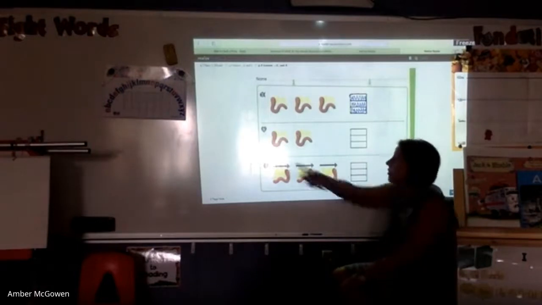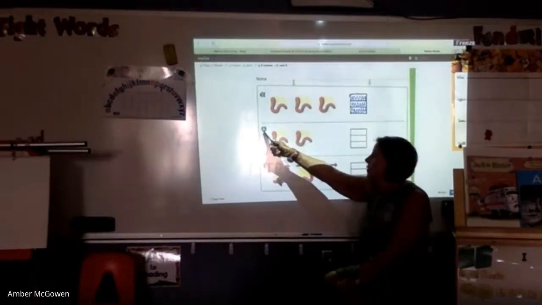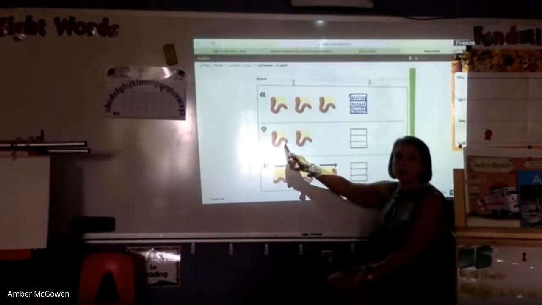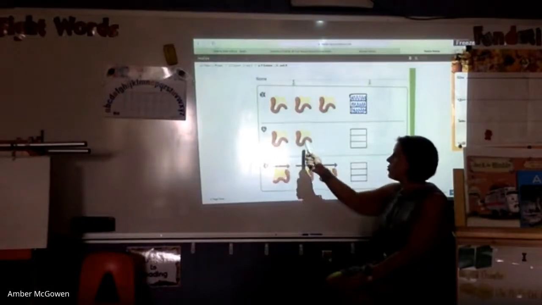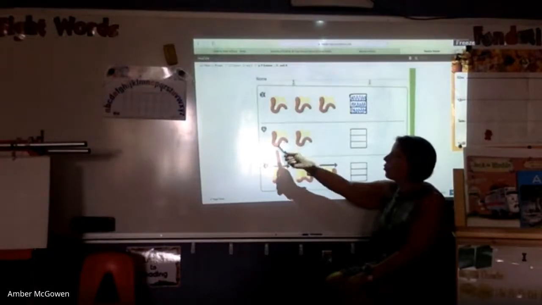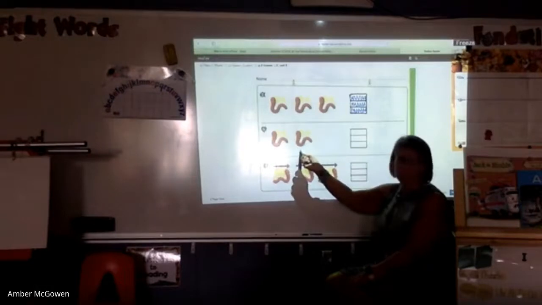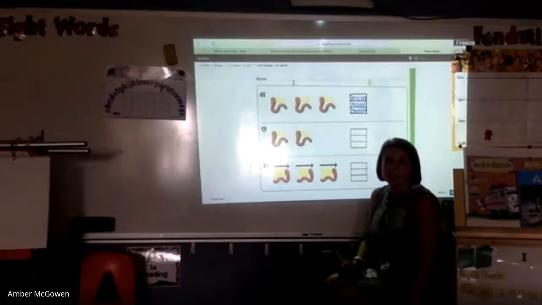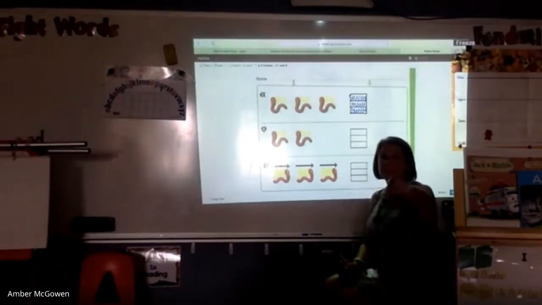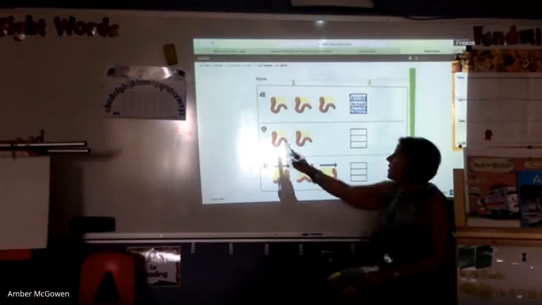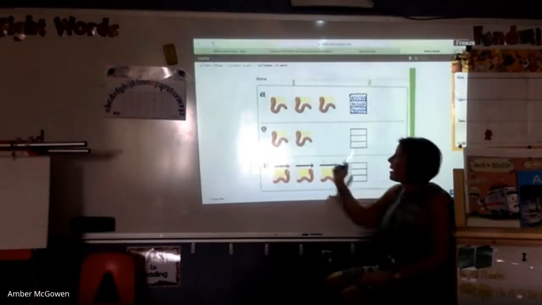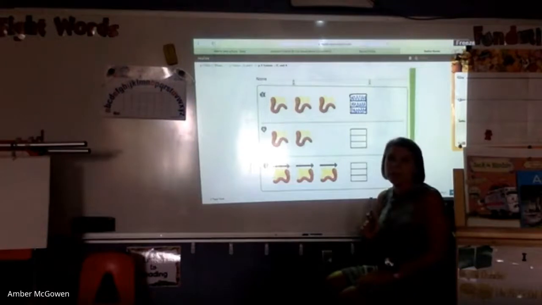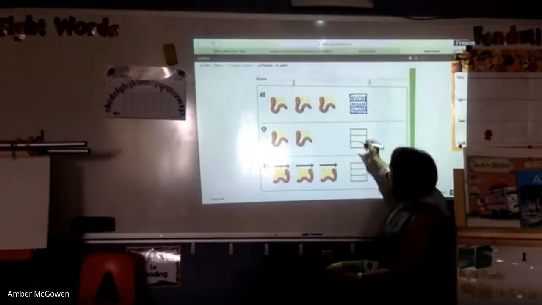Okay, so now we go to number 4 with a heart. And we count our worms here. 1, 2. Count it again. 1, 2. So boys and girls at home, show me with your fingers how many boxes we're going to color in then. Nope, not all of them, Cameron. Good job, guys at home. If there are 2 worms, how many boxes do we color in? 2. Remember to start at the bottom.